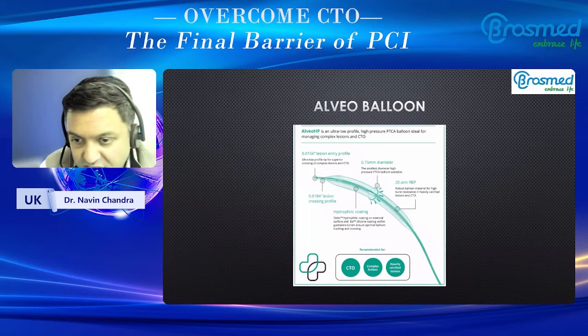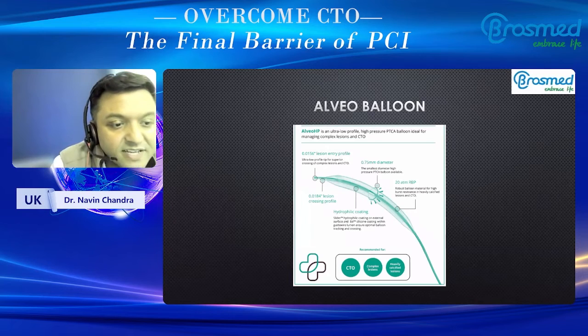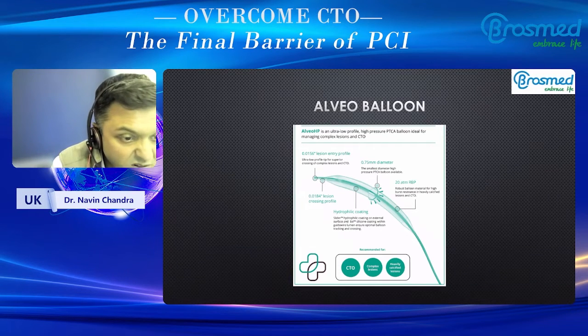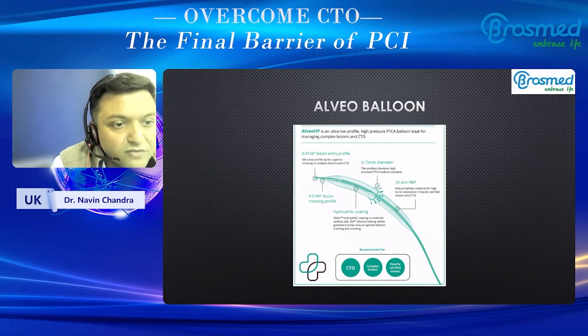Again, I know Jenny spoke in detail about some of the real benefits of the balloon, and I will only echo those sentiments by saying this is a very ultra low profile balloon with a low profile tip to allow for crossing into the lesion to start your pre-dilatation.